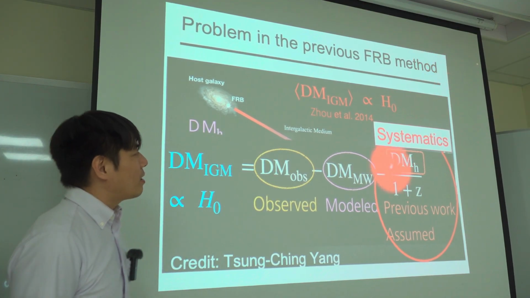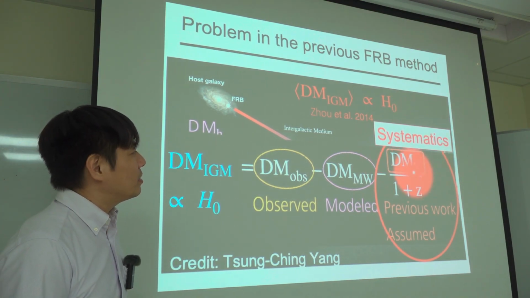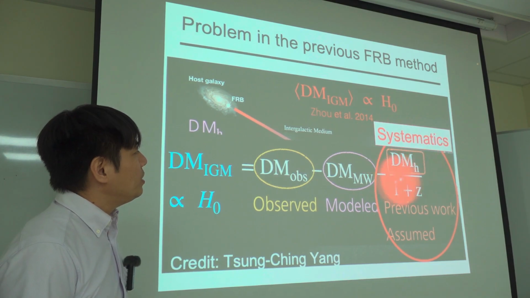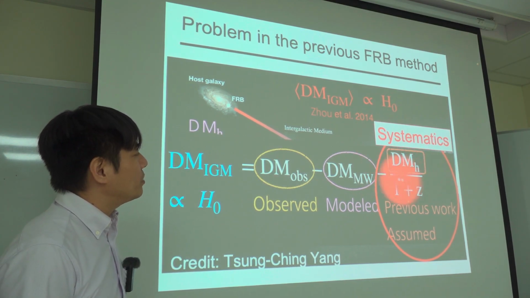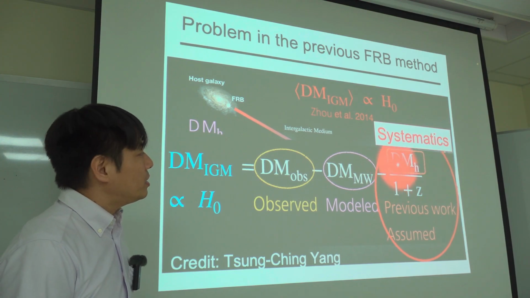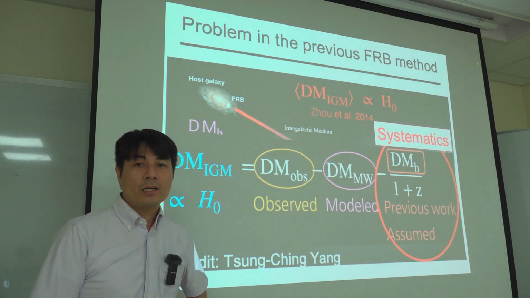But the problem is this one, DM host. We have almost no idea about this. We don't know how much DM exists in the host galaxy of FRBs. This is a source of significant systematic error.